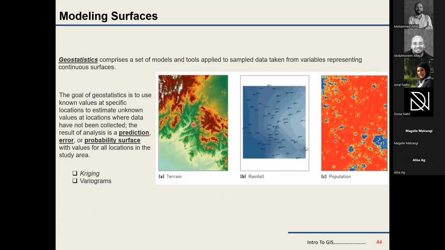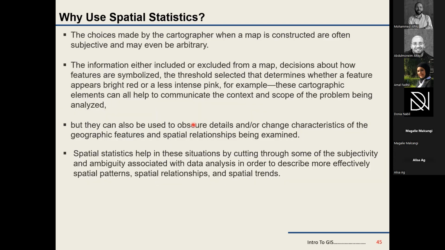So the question that comes to mind sometimes is, why do we use spatial statistics? I'm not sure if you've heard of this book before. There is a book called How to Lie with Statistics. It's a small book, but it's really very insightful about the use and misuse of statistical data. Have any of you heard of that book before?